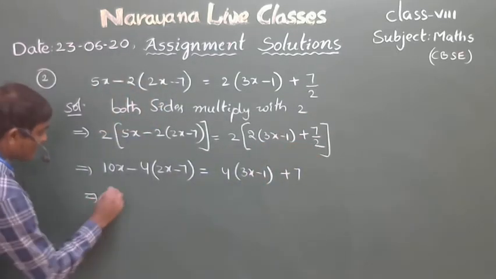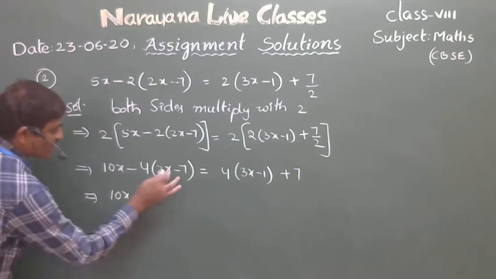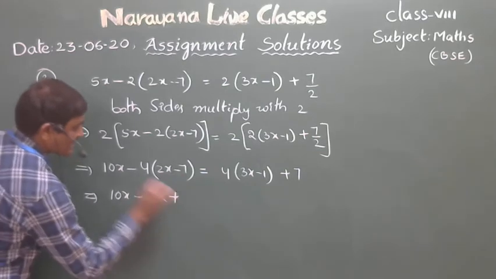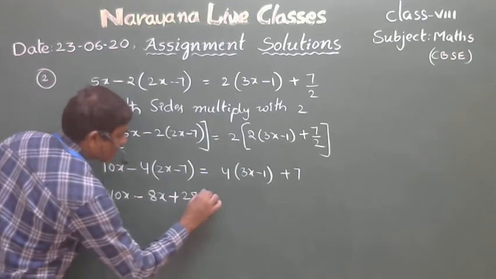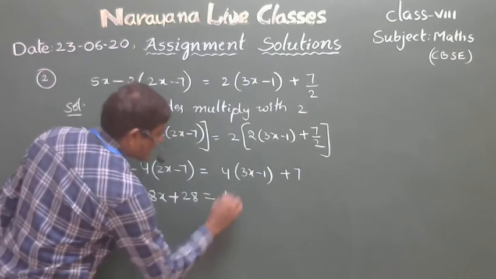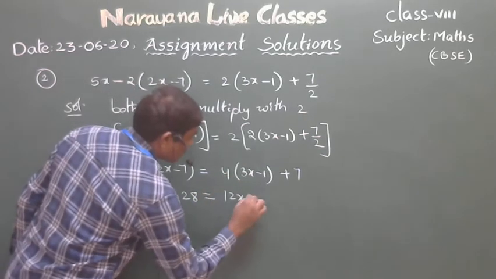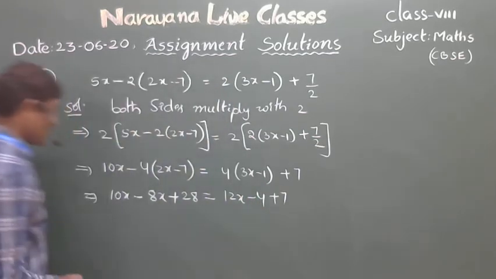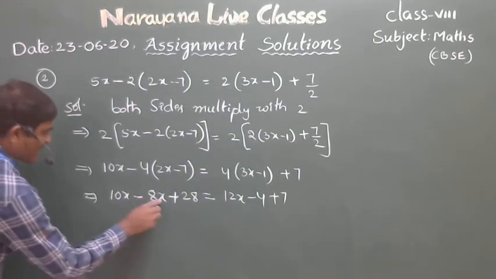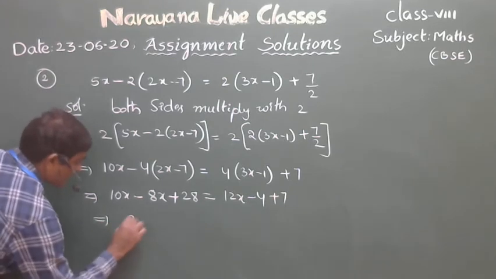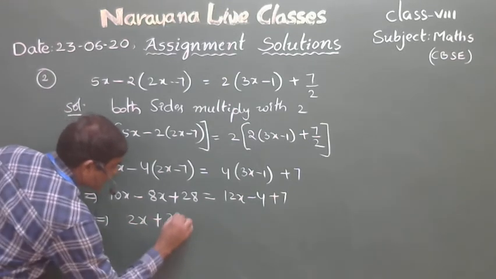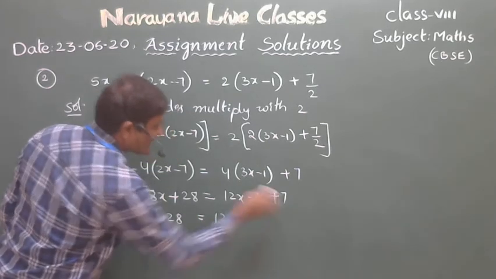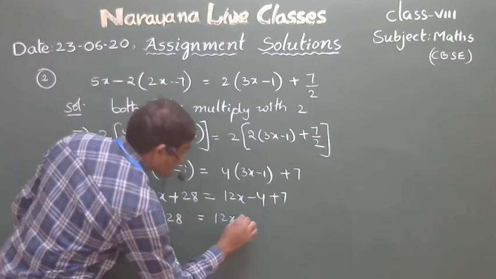Now 10x minus 4 twos are 8x, plus, minus into minus is plus, 4 sevens are 28, equal to 4 threes are 12x minus 4 ones are 4 plus 7. Now 10x minus 8x is 2x plus 28 equal to 12x, minus 4 plus 7 is plus 3.